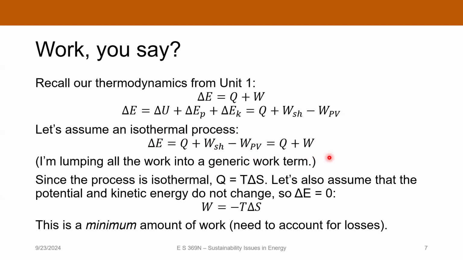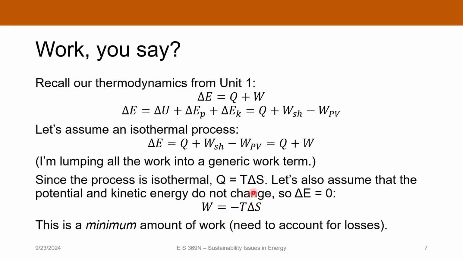So very, very simple. Now, we can express this in terms of entropy. For an isothermal process, the heat transfer is equal to the temperature of the system times the change in entropy. And because all this stuff in this part of the equation is zero, we can rearrange everything here. We see that the work done is simply the product of temperature times the change in entropy.